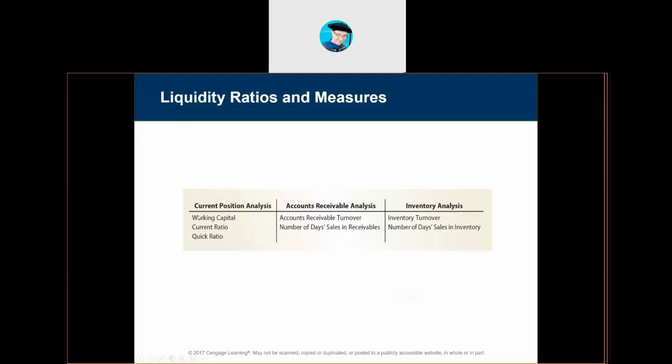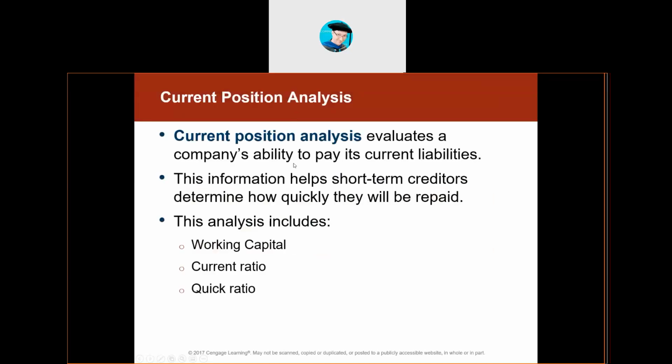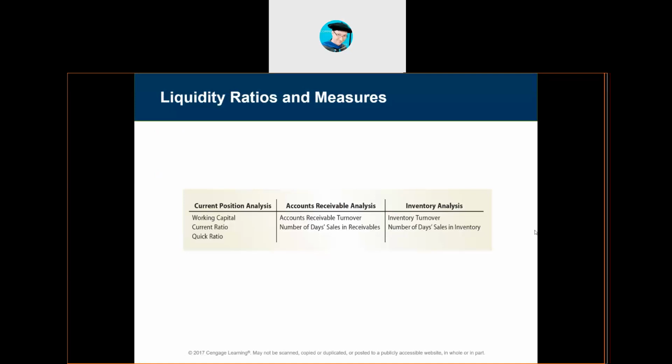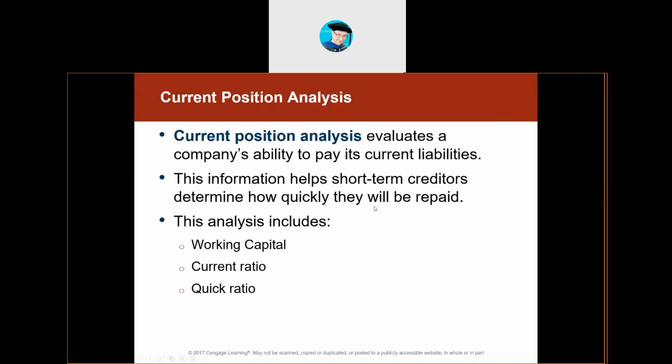Those would be things like working capital ratio, current ratio, quick ratio, accounts receivable turnover, number of days' sales in receivables, inventory turnover, and number of days' sales in inventory. Those ratios, as you compute them, all contribute to liquidity. And as you know, liquidity is the ability to convert something into cash, how quickly you convert it to cash.